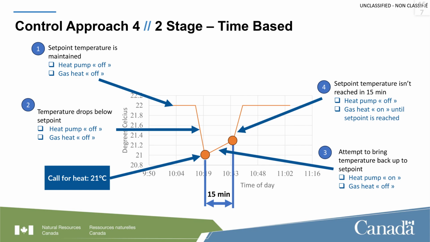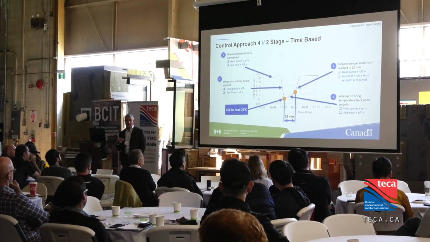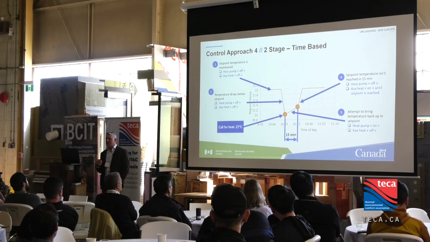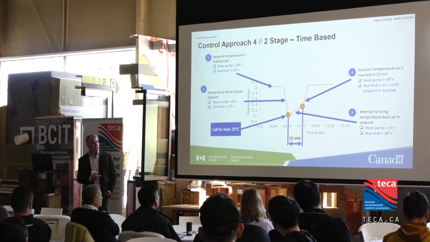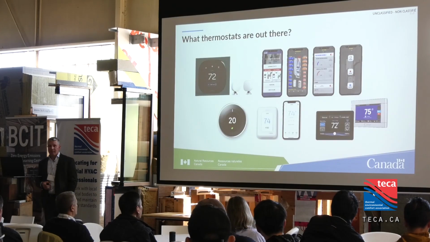At this point, instead of waiting to see if the temperature keeps dropping to tell us that we need more help, it'll just say, if we haven't hit our set point temperature within 15 minutes, for example, then we need some help. So it calls upon the auxiliary or supplementary heat to help along, and then of course get back to our 22 degrees Celsius.